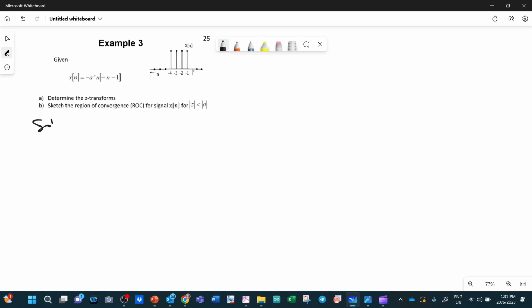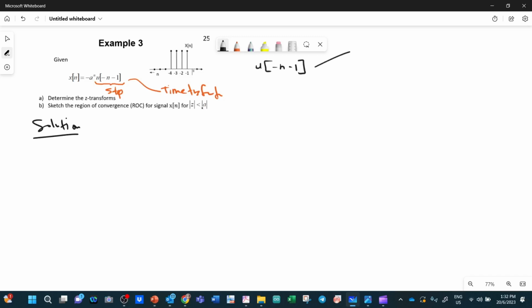So let's do this example. For the solution, make sure that you are following me and writing it out. Let's look at the equation that we have. From this xn equation, you can see that you have a step input signal, but it comes with a time transformation: u minus n minus 1.